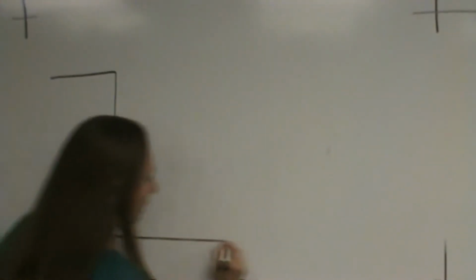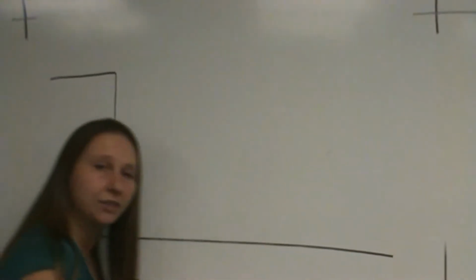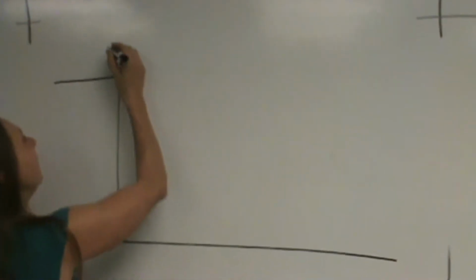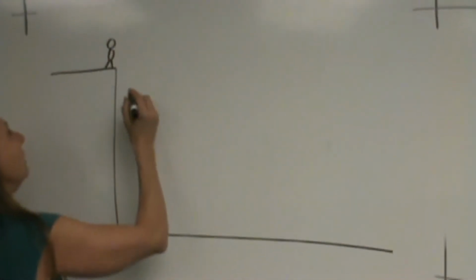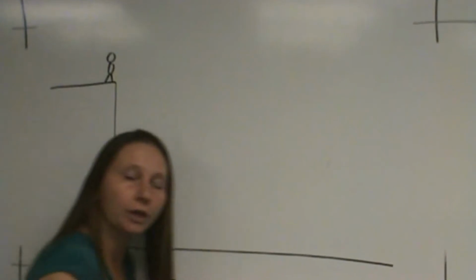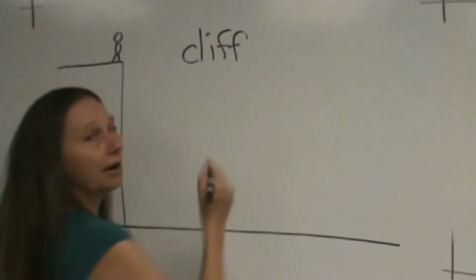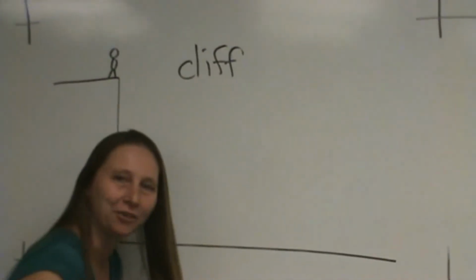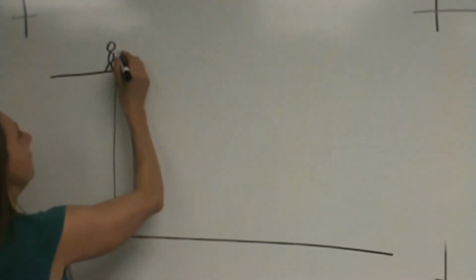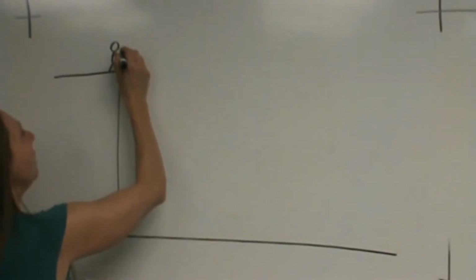Let's draw a cliff. Out west there are big mountains, and if you stand up on top and look down, you're looking over the edge of a cliff. C-L-I-F-F. You don't want to fall down. You'll get hurt. So let's say that you fire a gun.